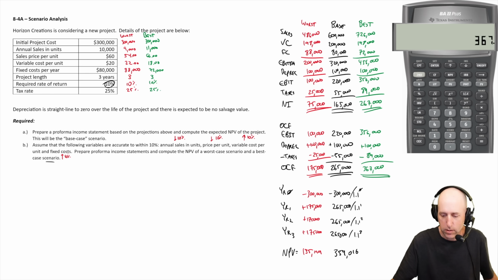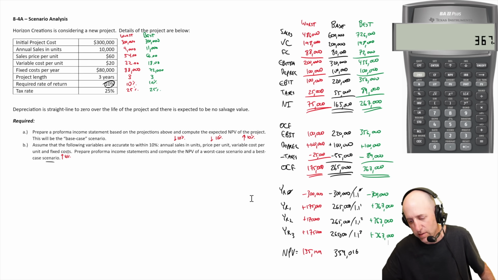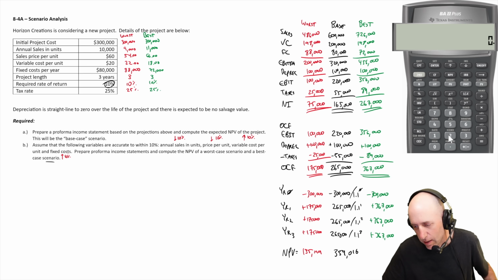Okay, so what are our cash flows? Minus 300, plus 367, and pays back within the first year. This is like the no-brainer decision of all time if you could get these numbers. And let's figure out where our net present value is after all of that.